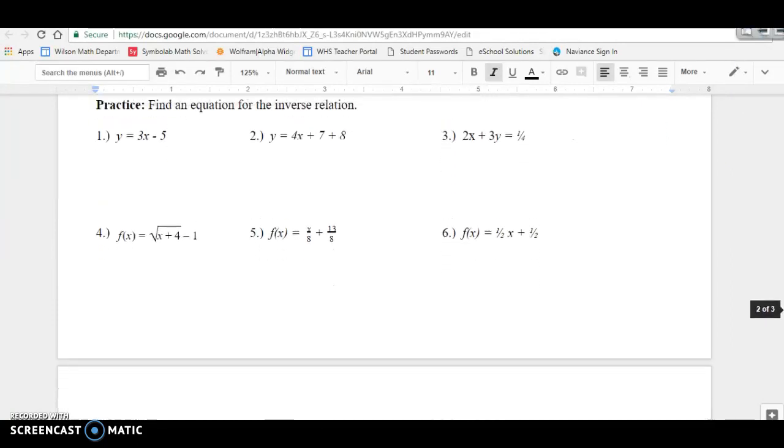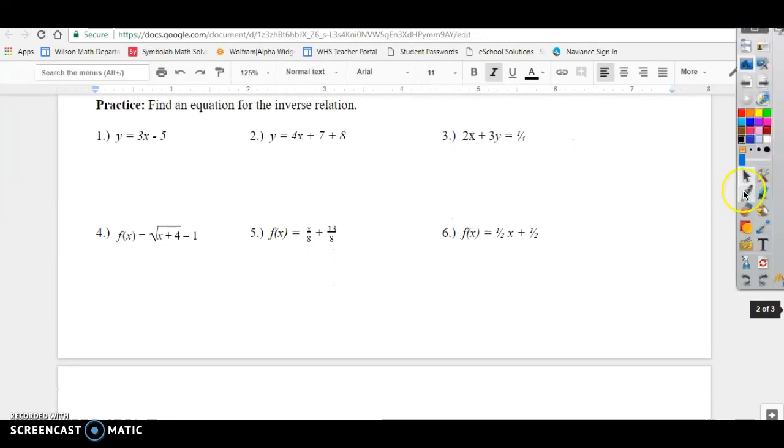So, just to start out with our practice here, all I'm having you do is actually solving for what the inverse would be of each problem. So remember the first step from up top here, the original line that we had. Basically all we need to do is switch the x and y. So what I have is x equals 3y minus 5.